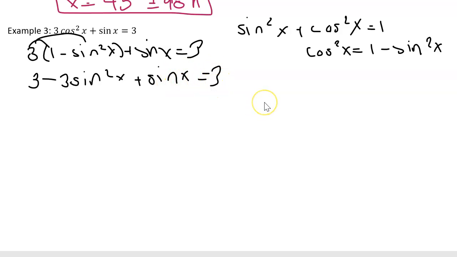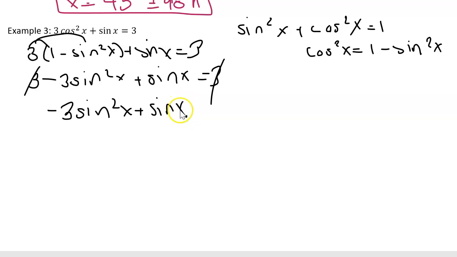And then from here, this is a factoring problem, so we want to bring all of our terms to the same side. I'm going to go ahead and subtract 3 from both sides, and that's actually going to cancel out both 3's. That leaves me with negative 3 sine squared x plus sine x equals 0, and I want to factor this.